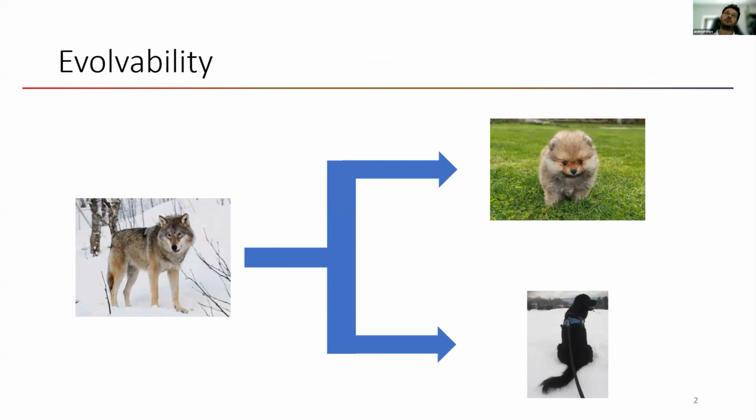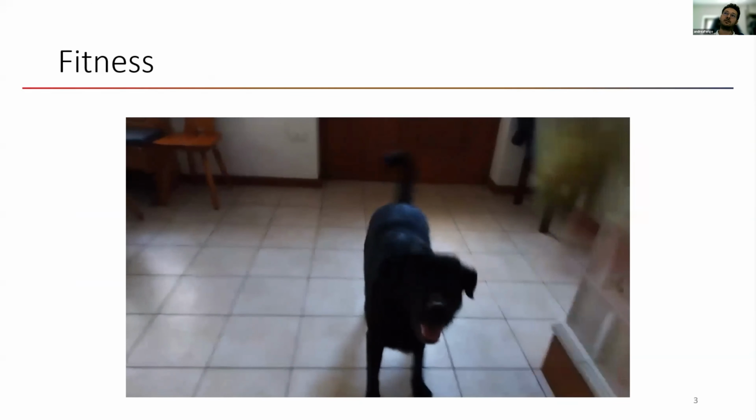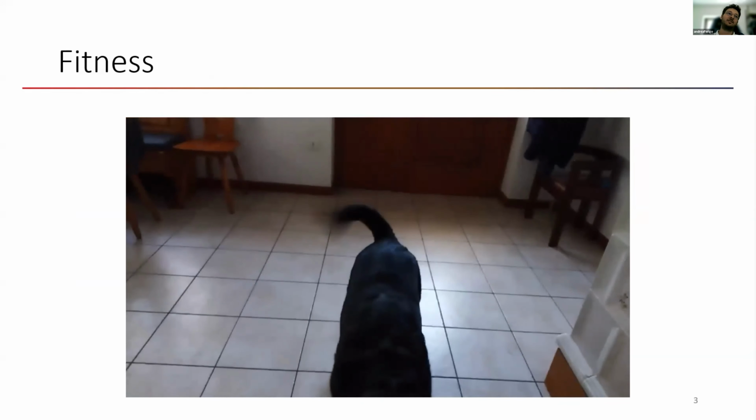For example, wolves evolved into domestic dogs such as Pomeranians, or my big black dog, Umbra. This property of a species to evolve into other good species is called evolvability. Fitness is a far more common concept: the measurement of the capability of an individual to perform a task, like catching the tennis ball.